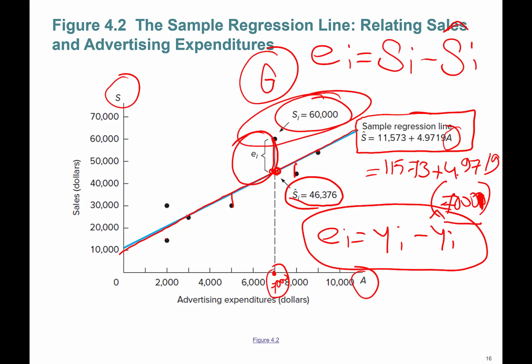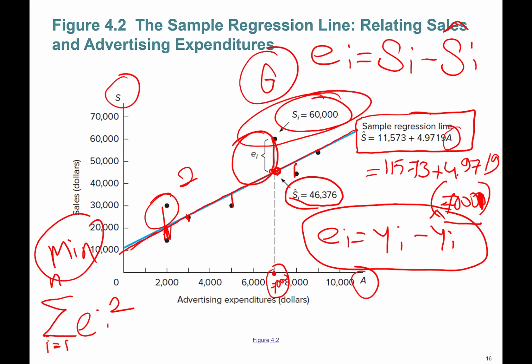We take the sum of squared residuals. We square these distances, e i hat, okay, so it's always positive, not sometimes negative. That's important. Sum them up from i equals 1 to n, whatever the number of observations is. So we minimize this to find this line. We are not going to go into detail of that.